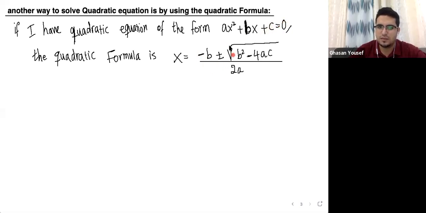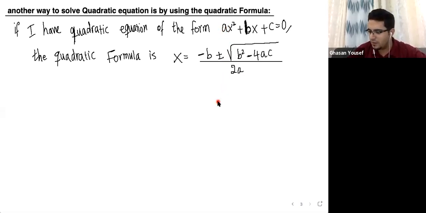So the quadratic formula is x equals minus b plus or minus the square root of b squared, b times b, minus 4 times a times c, over 2 times a.